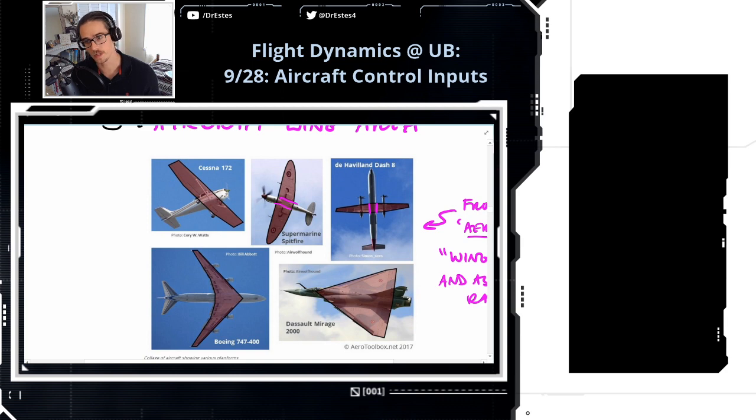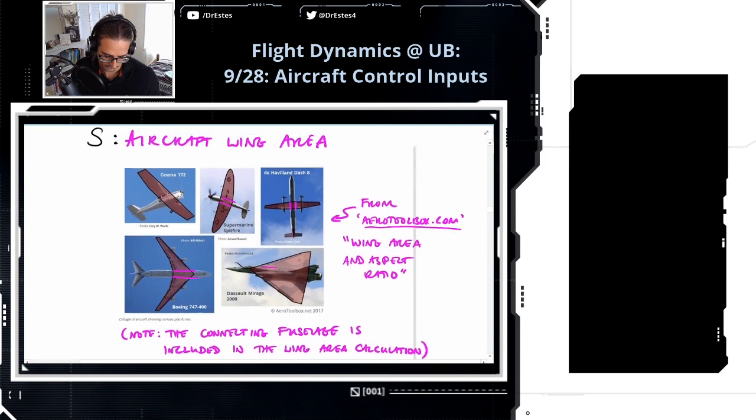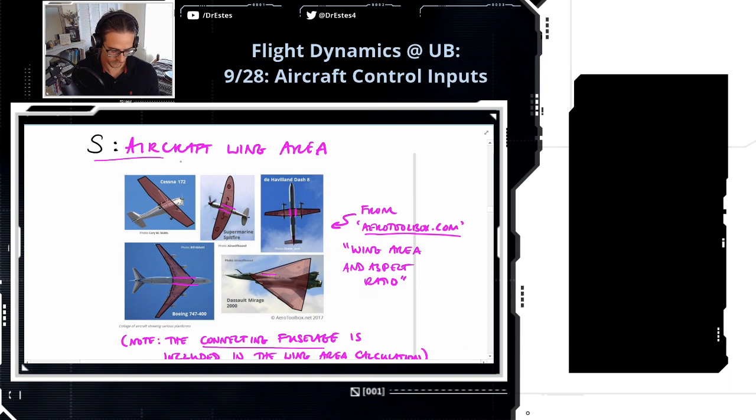Like that middle piece is connected in that area calculation. And that's what I like about this figure. A picture's worth 1,000 words, so this makes it really clear. So I made a little comment here: the connecting fuselage between the wings is also included in that wing area calculation. So whenever you see this in a formula, if I'm doing it for a certain aircraft, what am I looking for?